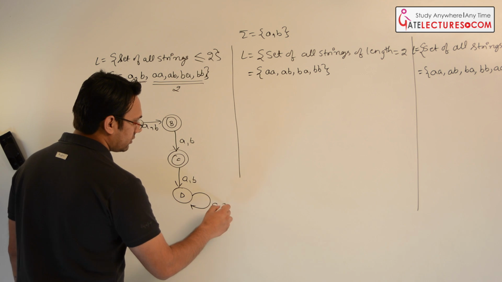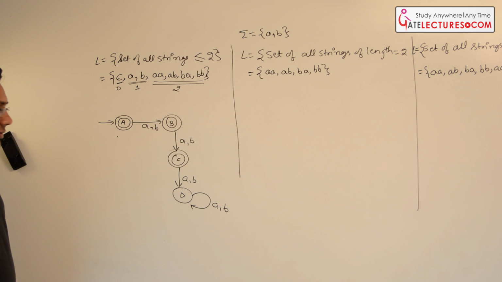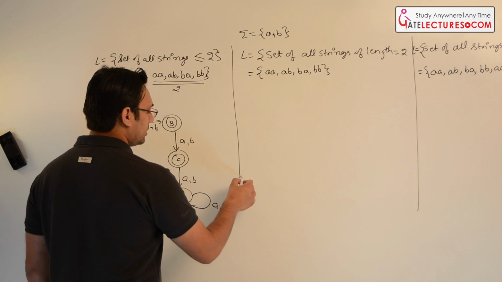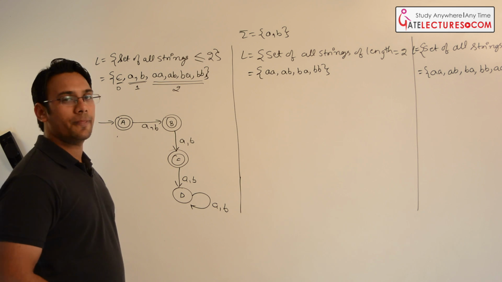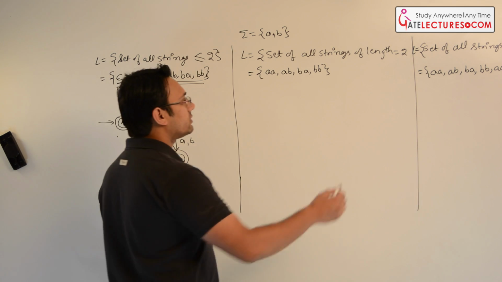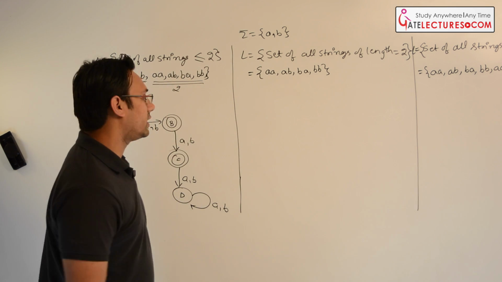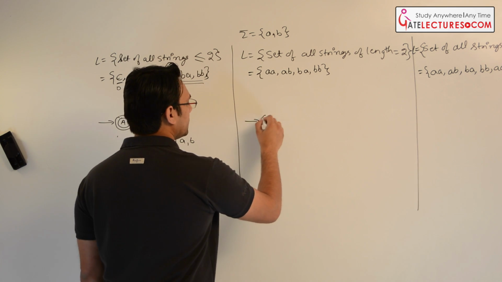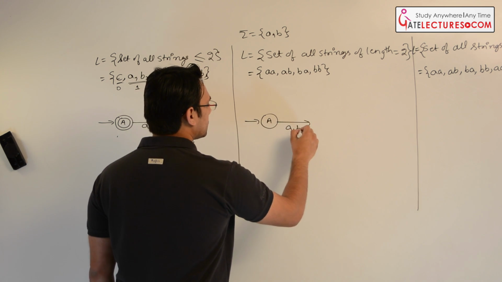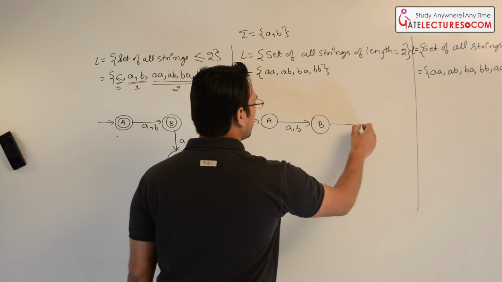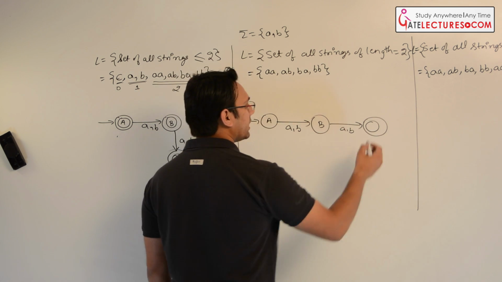And then if we have A and B any number of times, we will be at that state only. Okay, so we'll take examples here, don't worry. So next is the set of all strings of length equal to 2, right? So length exactly equal to 2, we have already seen this diagram, fine. So what is this? If we are at state A, strings of length 0, this means strings of length 1, this means strings of length 2, exactly 2, right?